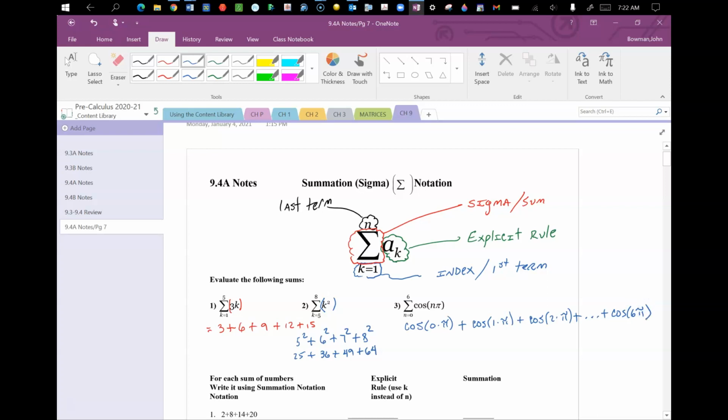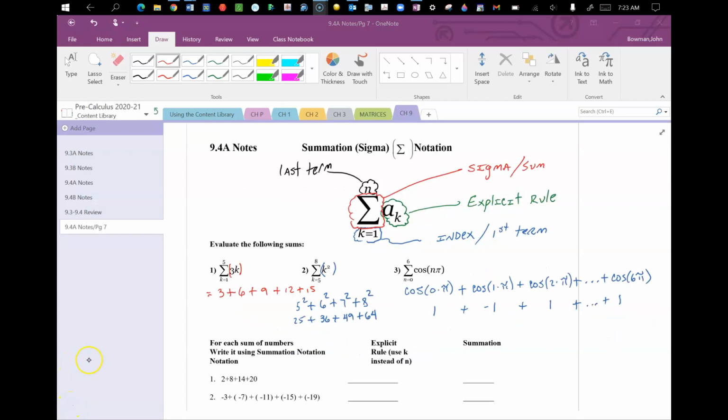And if we were to go back and evaluate that, we would say, okay, well, the cosine of 0 is 1. The cosine of pi is -1. The cosine of 2 pi is 1. The cosine of all the rest of them, all the way up to the cosine of 6 pi, which is 1. So that is our series for that example.